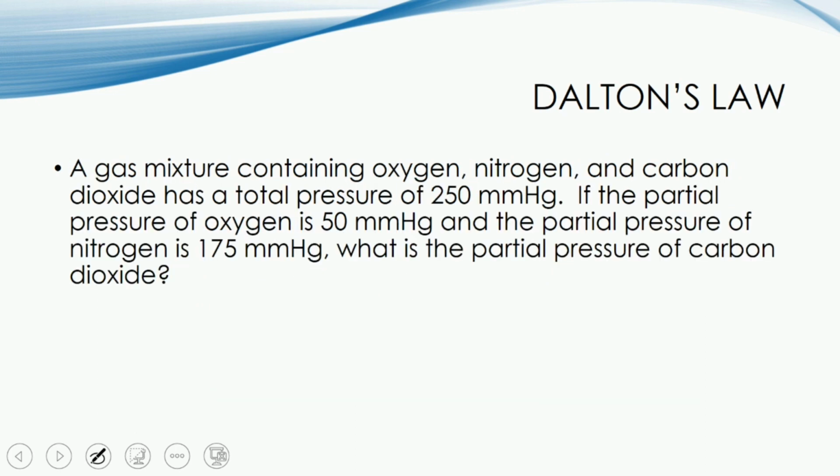One more example. A gas mixture containing oxygen, nitrogen, and carbon dioxide has a total pressure of 250. So we are told that the total pressure is 250. If the partial pressure of oxygen is 50, and the partial pressure of nitrogen is 175, what is the partial pressure of carbon dioxide?